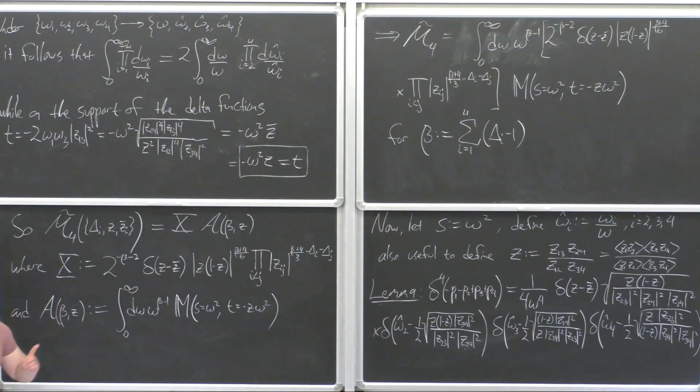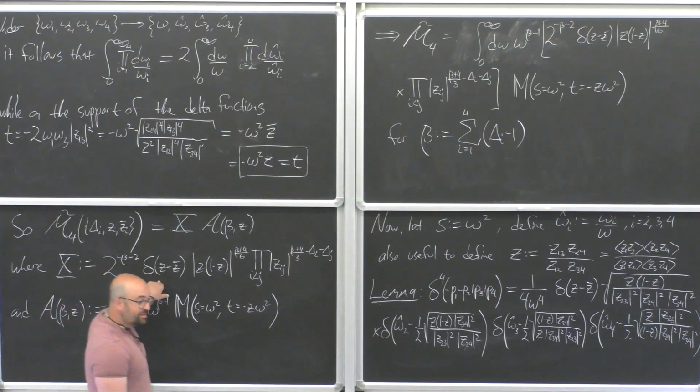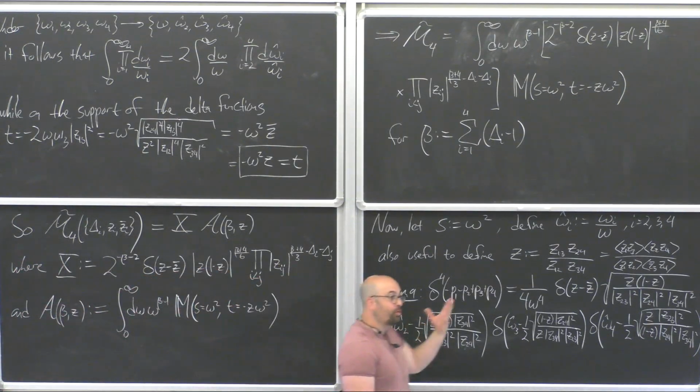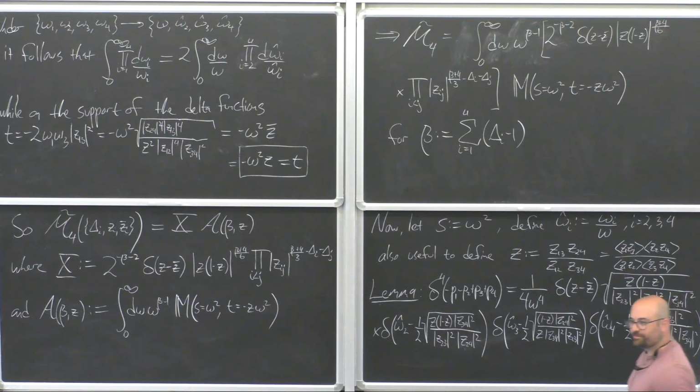So the first thing is something I've been alluding to on and off throughout these lectures, which is if you look at this universal prefactor, this thing we're calling x, there's a delta function in it, in the conformally invariant cross ratio. This means that if you like the 4-point correlator on the celestial sphere, if there is some 2D CFT computing these things, the 4-point correlators are distributional, right?